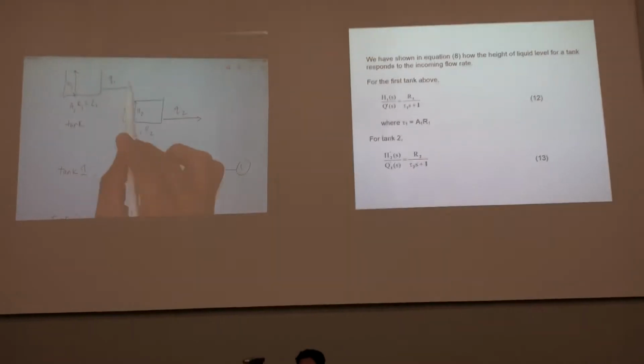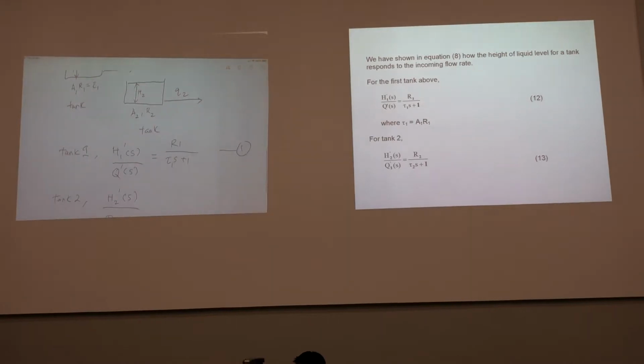Input is Q1, so you have Q1 prime S. And for tank 2, the resistance is R2, divided by tau 2 S plus 1. This one is my tank 2.